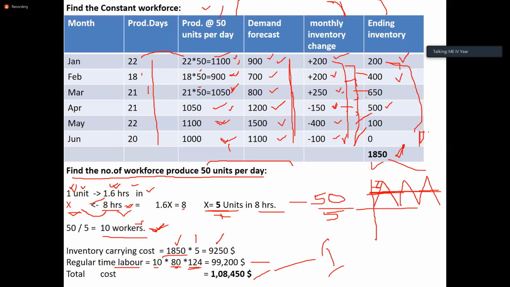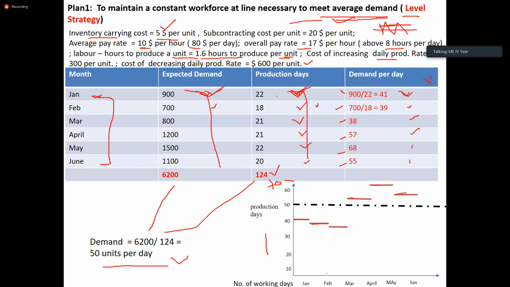For each worker, I have to pay 10 into 8, because these 10 workers will work 8 hours. So that's why 10 into 8, totally 80. This 124 is your production days. Totally 6 months, this company will run 124 days.